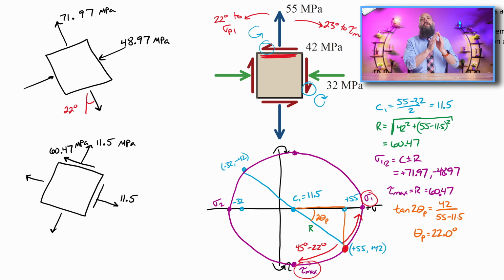So if I rotate 23 degrees clockwise, this turns the 55 now to 11.5. And in fact, both directions are 11.5 because at the max in-plane shear stress, both x and y direction stresses are exactly the center of the circle, 11.5. But now, which direction do I draw shear?